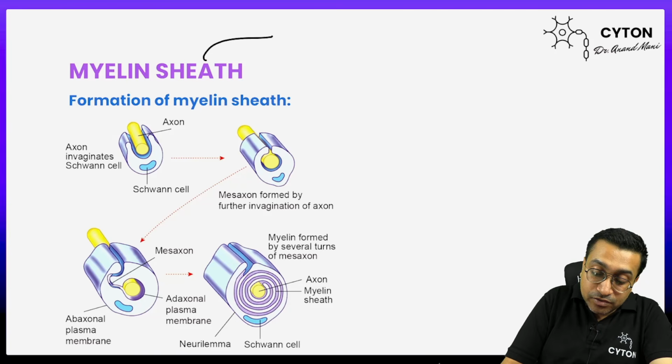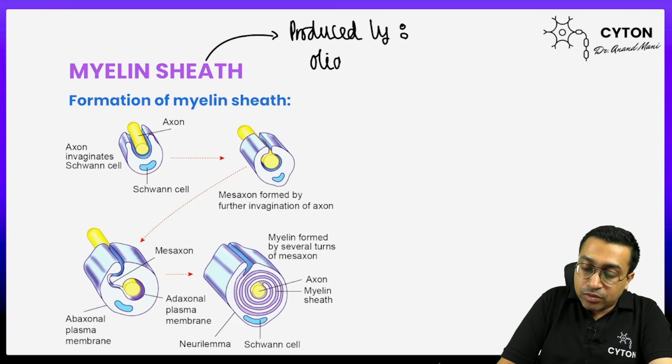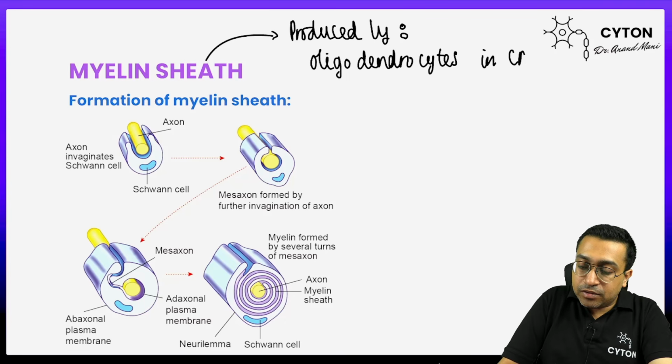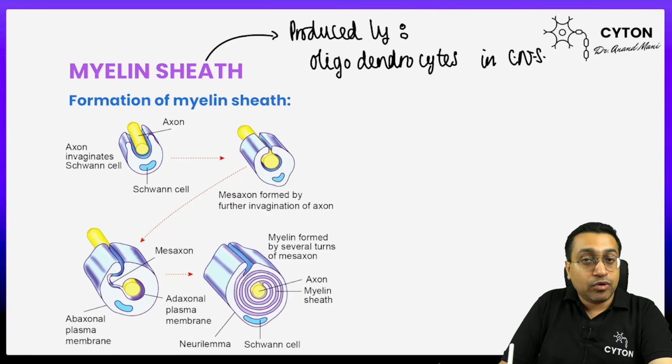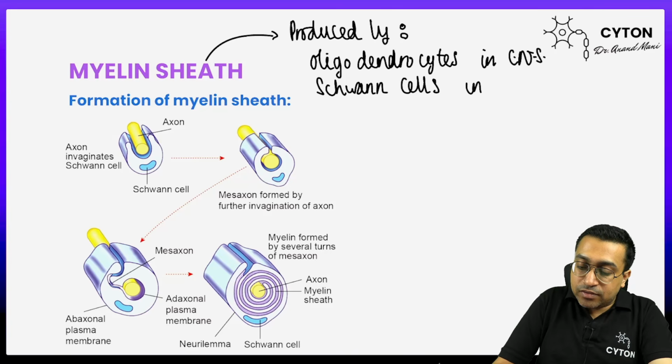Let me write this. This is the most important point. It is produced by oligodendrocytes in CNS, and Schwann cells in PNS, that is peripheral nervous system.